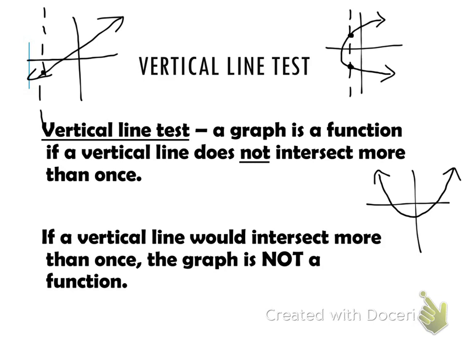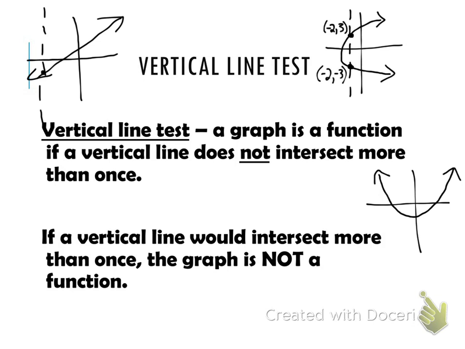Let's say this point is -2, 3. Well, this point is probably going to, since this is a vertical line, it's going to have the same x value, correct? -2, -3.